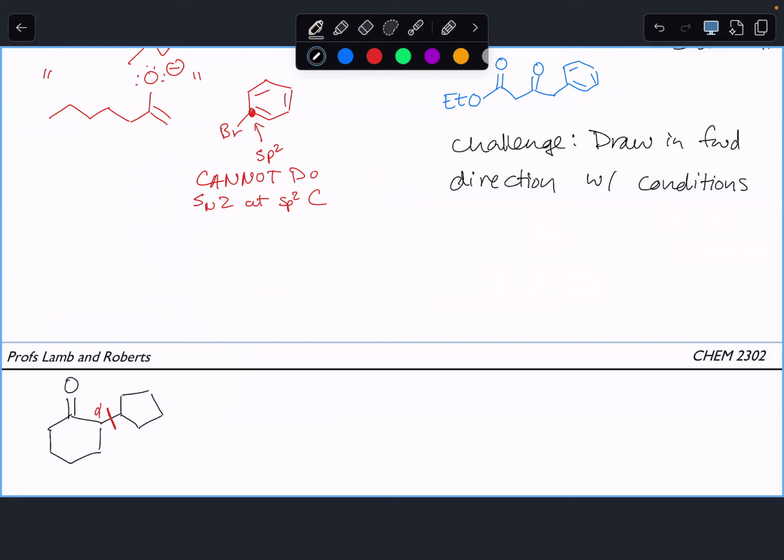If we go backwards one step, this part would be our electrophile, say an iodine this time. And then what would our nucleophile need to be? It would need to be this enolate.